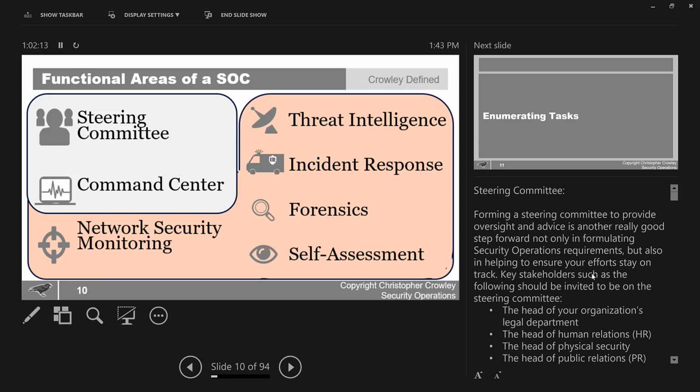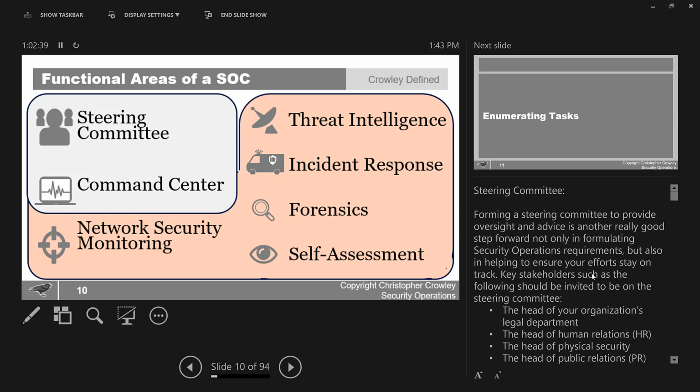So these different functions, I'm going to explain briefly, because I'm going to talk about the SOC in the context of these functions. Steering committee. Steering committee, in my opinion, is the interface between the SOC, the people working in it, the people managing it, and the business that is expecting that SOC to protect it.